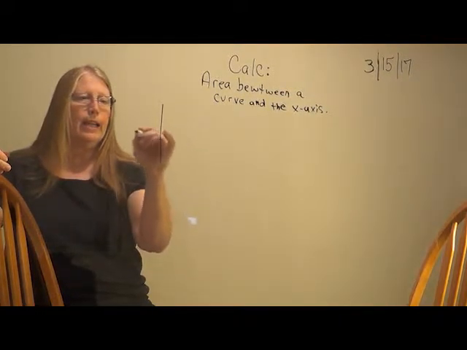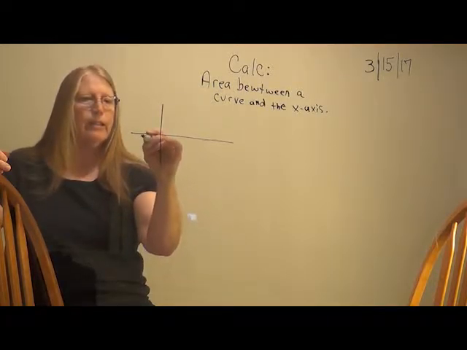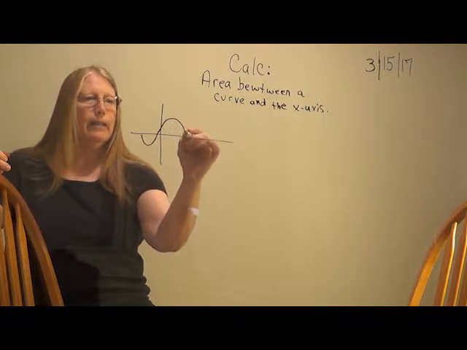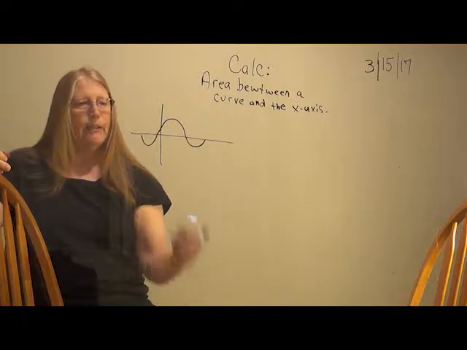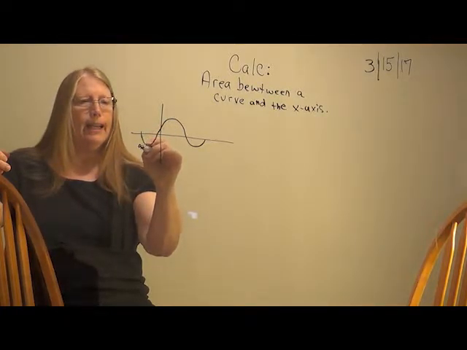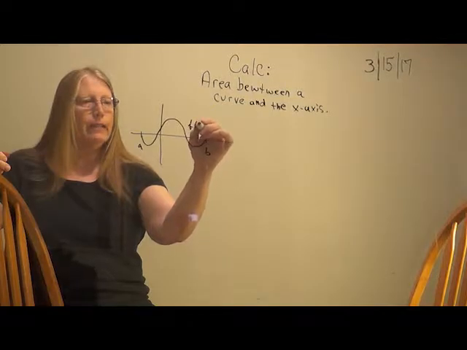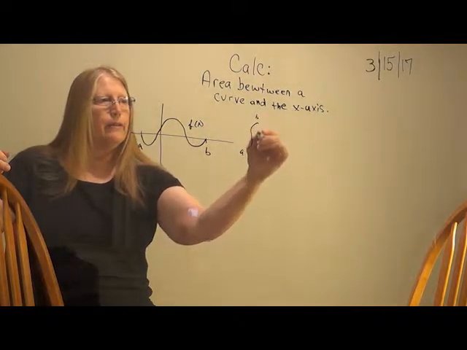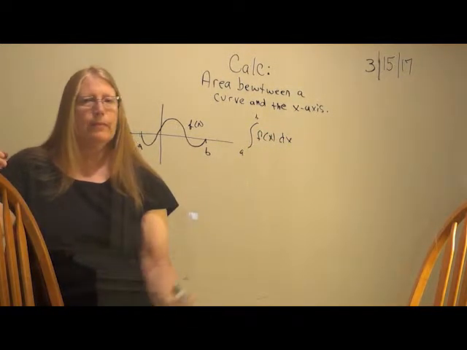So suppose I have the sketch of a function, and part of it is going to go below the x-axis, some part of it's above, and another part's below, like that. So if I call this part A, and this spot B, and the function f of x, can you remind me what the integral from a to b of f of x will tell you?